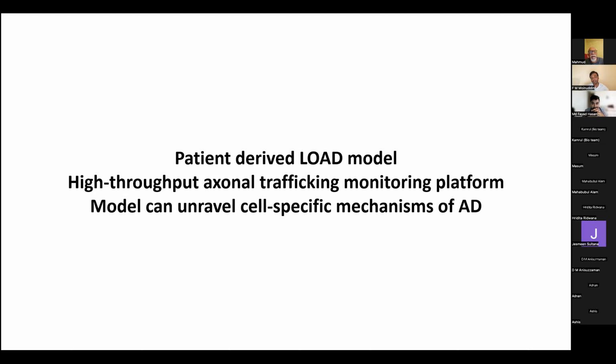Yeah, you're right. In 3D culture, you can assess the molecular effect, everything you can assess. But in the animal model, we can also assess the functional benefit, how they act.